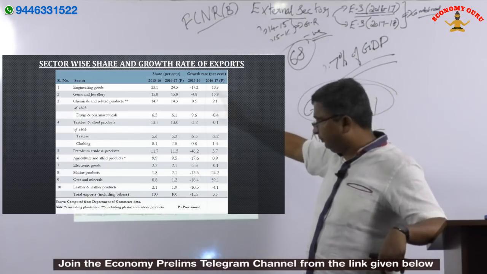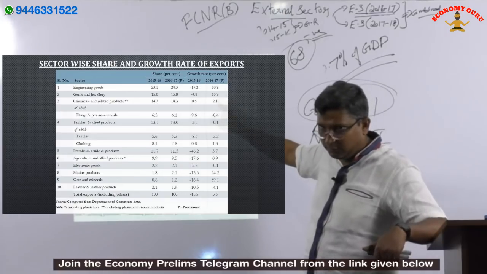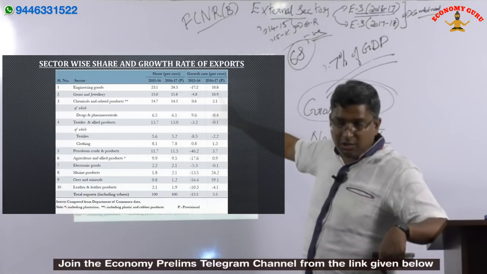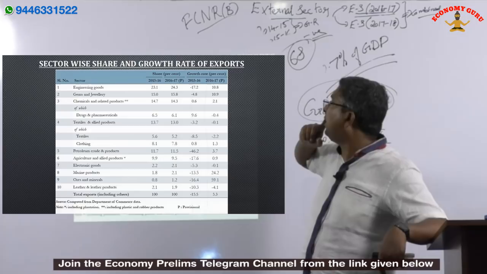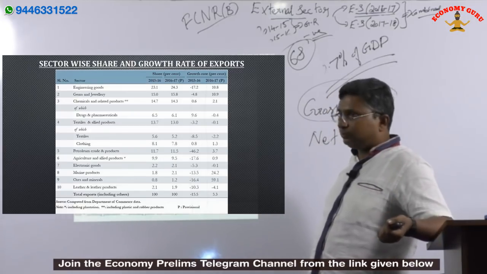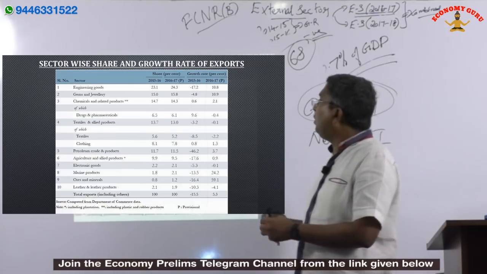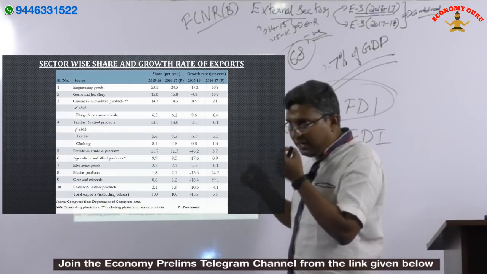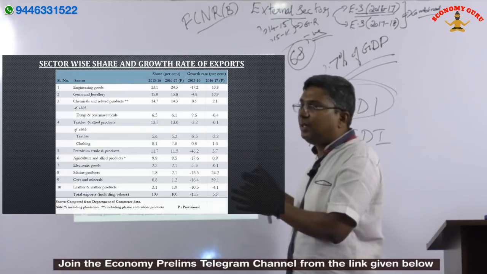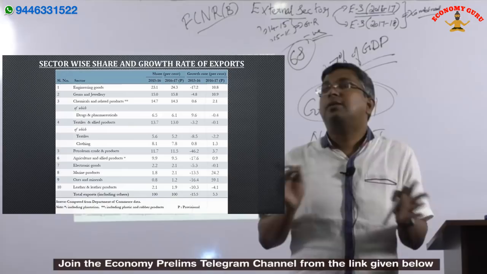As per the latest data, this will affect India's exports also. India's gems and jewelry was contributing the second component after engineering goods. Then chemical products, chemicals and related products. There you have to note down one thing. In chemicals and related products, the major component is drugs and pharmaceuticals, mainly generic drugs.